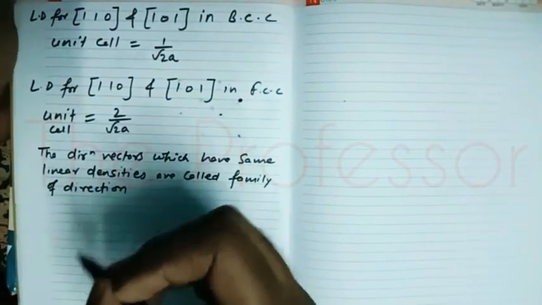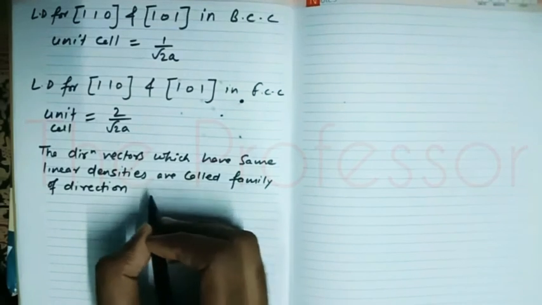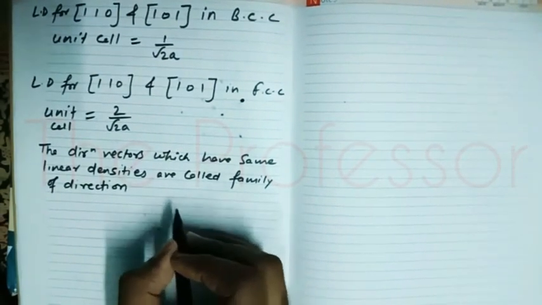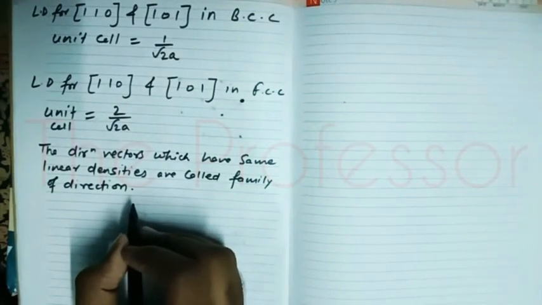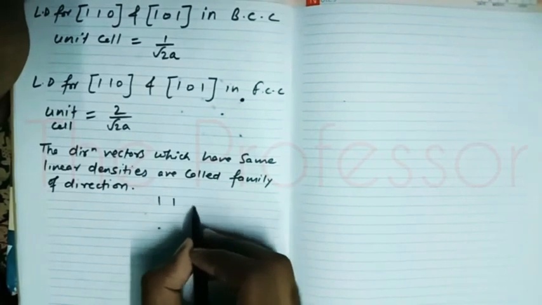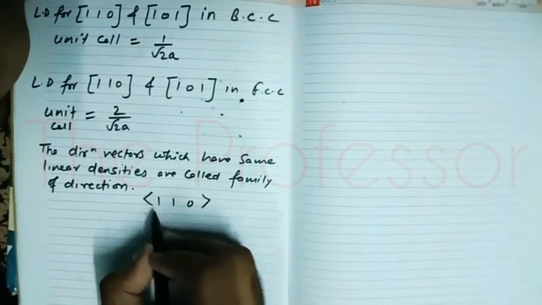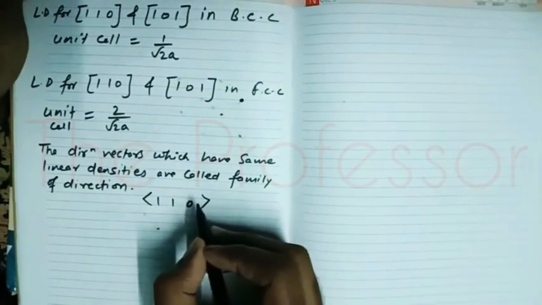The direction vectors which are having the same value of linear density are called a family of directions, and they are represented by putting the Miller indices in angular brackets. Right? I hope you understood what we have studied in this class.